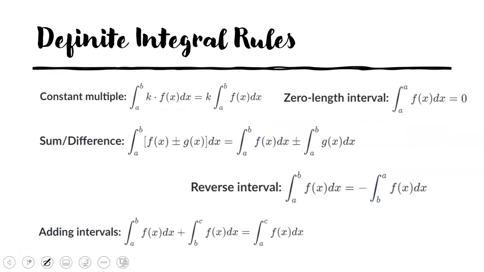We have a couple rules that we can apply. So again, this comes into play that reverse interval rule is what we saw at the beginning where the bounds were flipped. So in order to make the bounds normal, you take the negative.